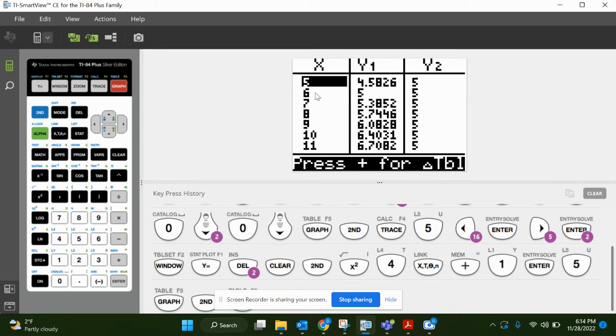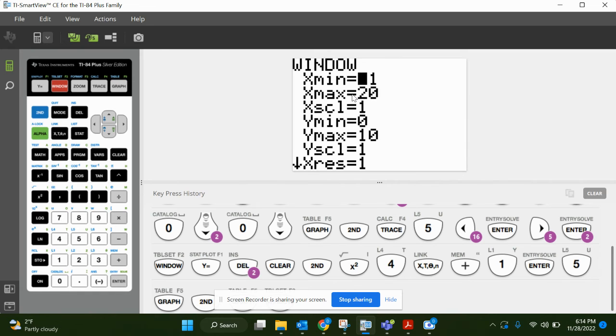Actually, this is going to be the answer right here, but let's just go through the table here. We need our x to be, let's make it 0 to 7, and let's keep our y the same. So the window, my x min is going to be 0, and my x max is going to be 7.